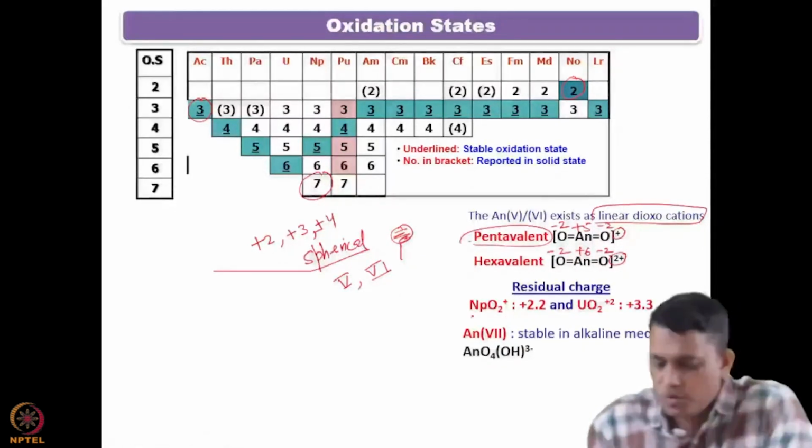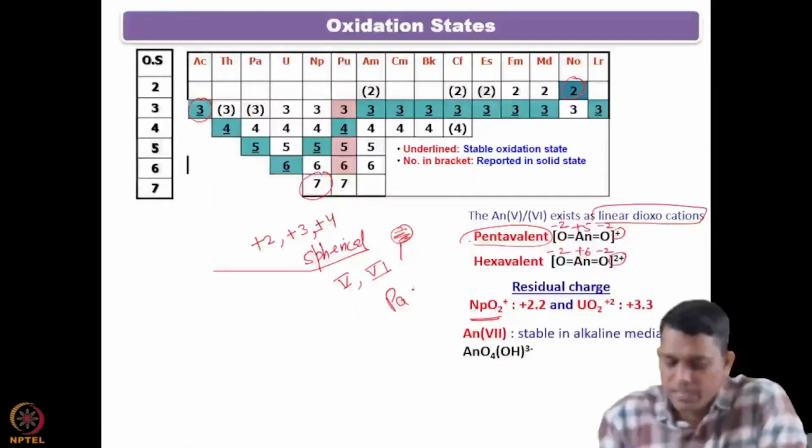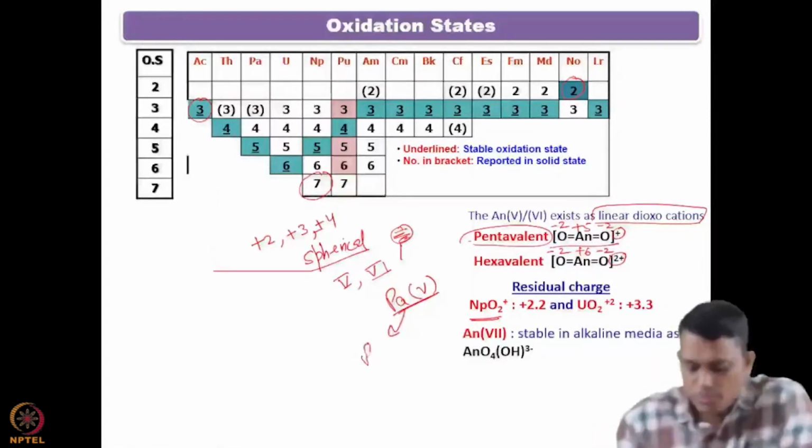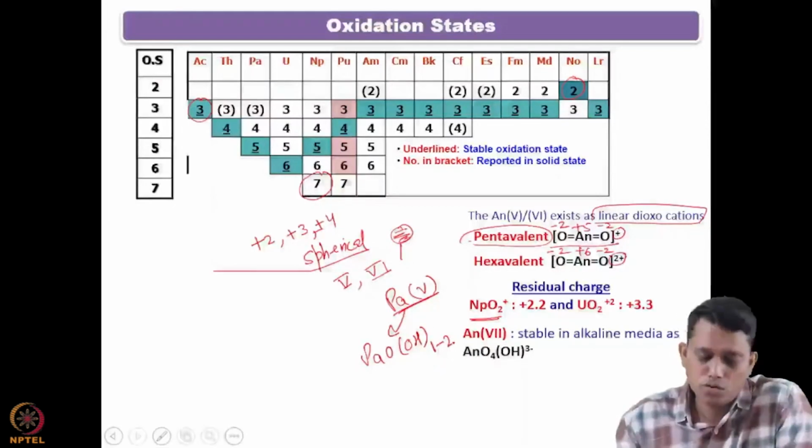This is mainly true for neptunium onward. What about the pentavalent state of protactinium? This does not exist as this. The most stable form is a monooxo cation with either 1 or 2 hydroxyl groups, and depending on the number of hydroxyl groups, the total charge can be +2 or +1.